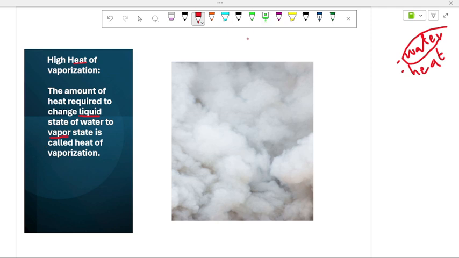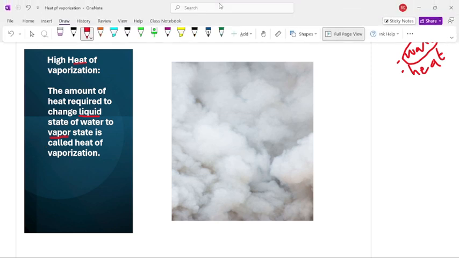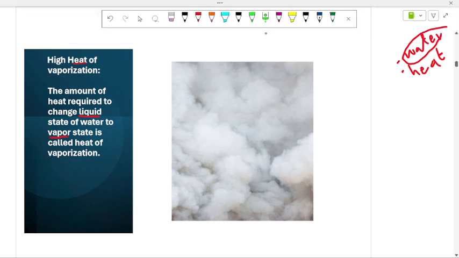If the change in state occurs, this particular property is called heat of vaporization. Now we'll read the definition again. The amount of heat required to change the liquid state of water to vapor state is called heat of vaporization. So that image was showing a particular property of water, and that is heat of vaporization.